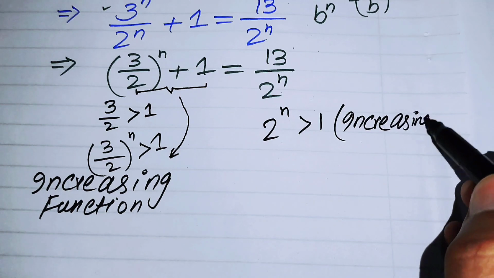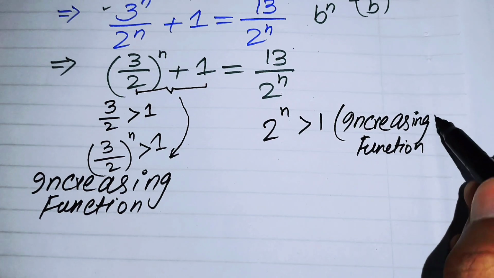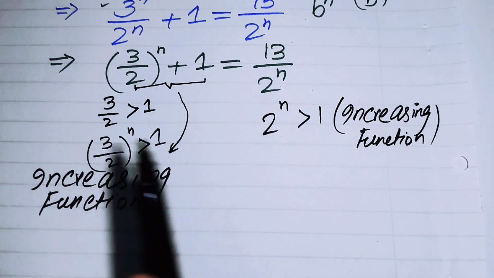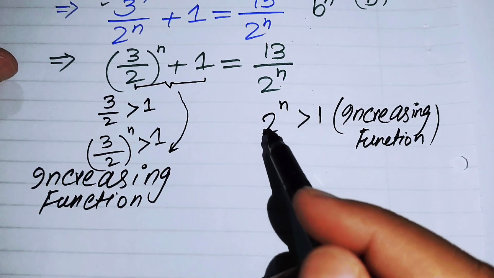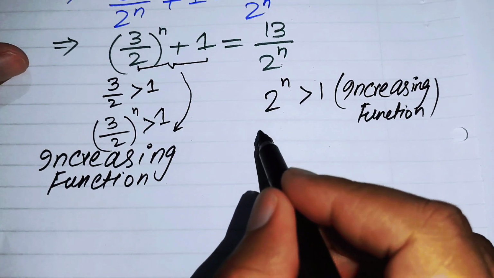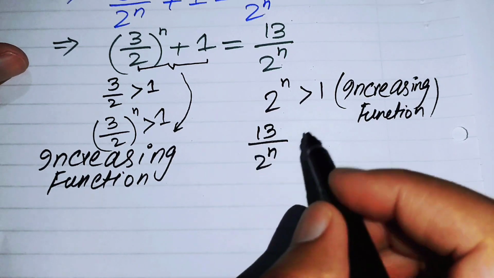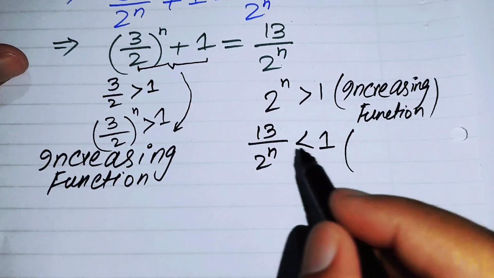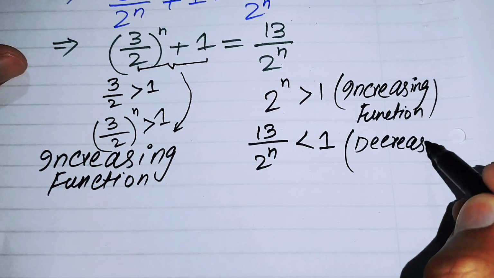And on the right hand side we have 13 over 2 to the power of n. So when you divide a number by an increasing function, it becomes a decreasing function, and we say that this function is a decreasing function.